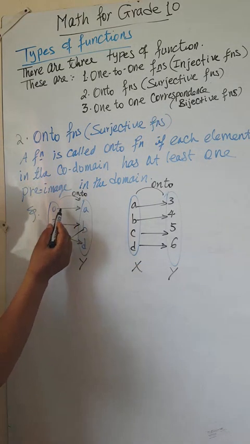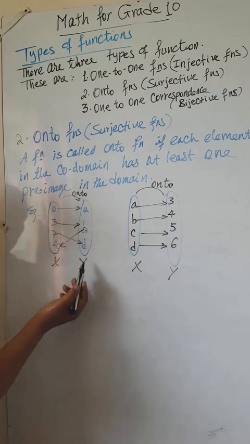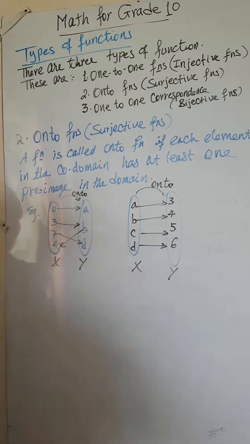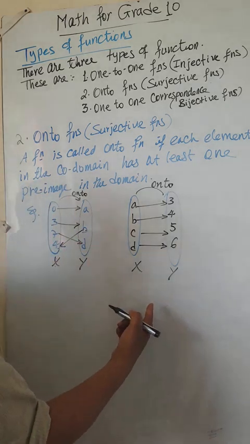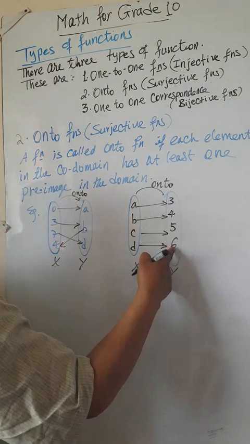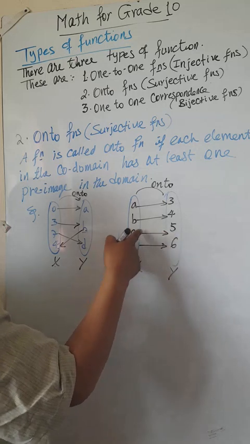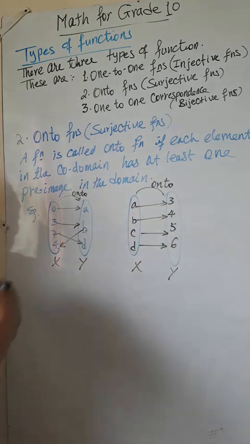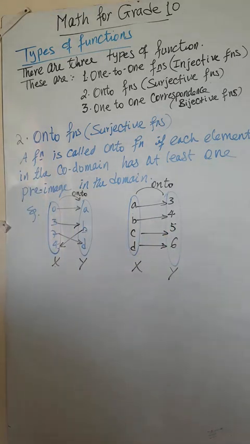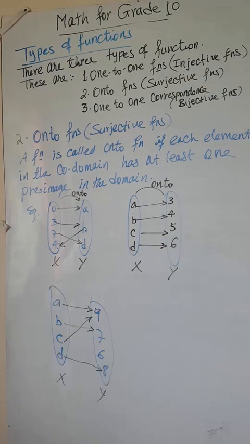A has a pre-image here, b has a pre-image here and here, d has a pre-image here. So this is an onto function.